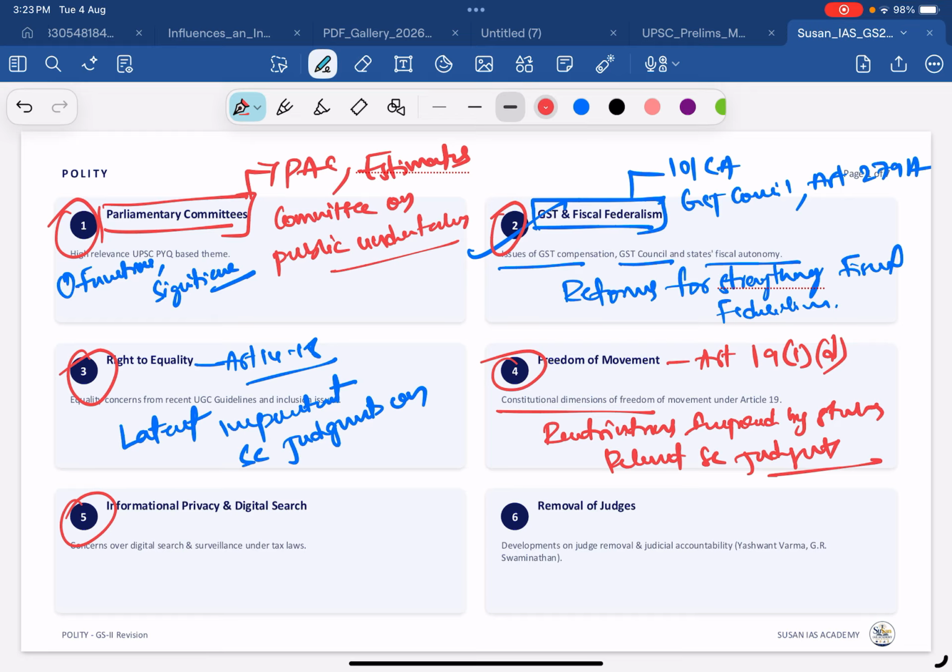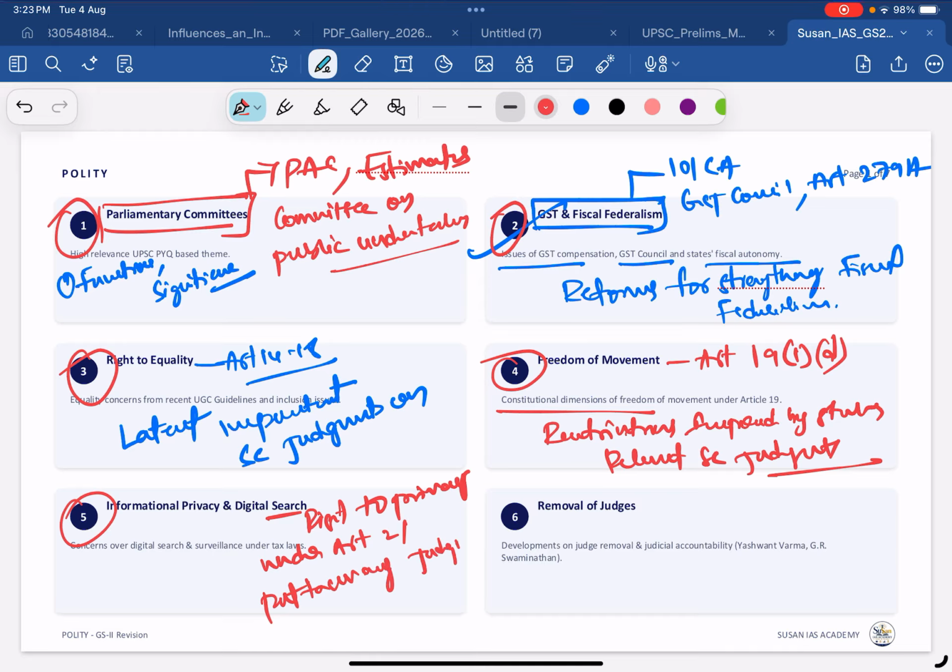Why? Because many articles were in the news about Article 21, like right to privacy under Article 21, the Puttaswamy judgment, and also about the Puttaswamy judgment. It has been asked before, but one has to refer to this judgment over and again.